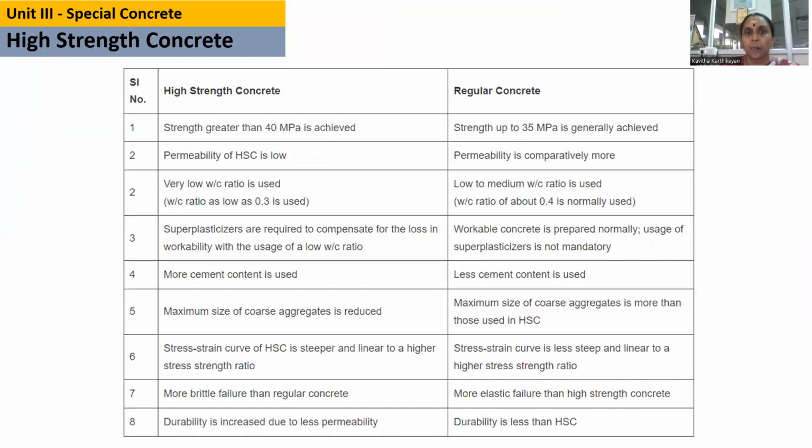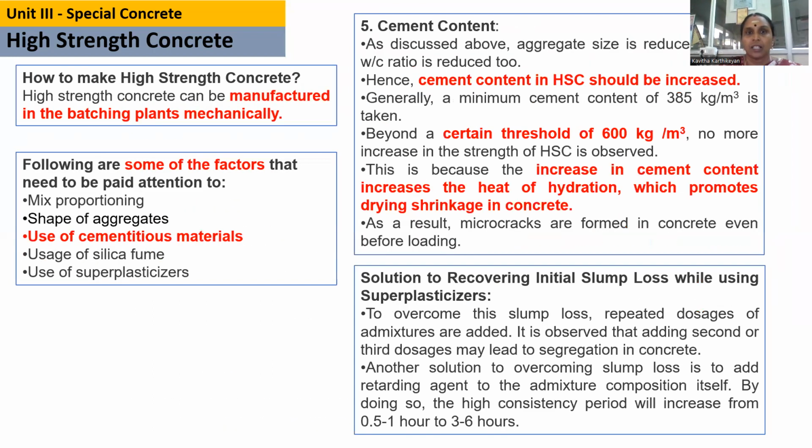And the next one is cement content. As said, a higher cement content is used. In normal concrete, we use around 380 kilogram per meter cube of cement content, whereas in high strength concrete, we use up to 600 kilogram per meter cube.